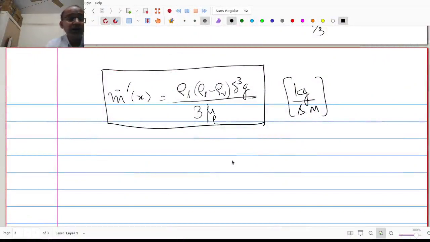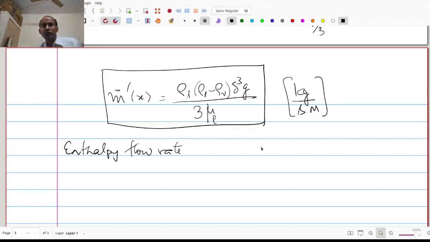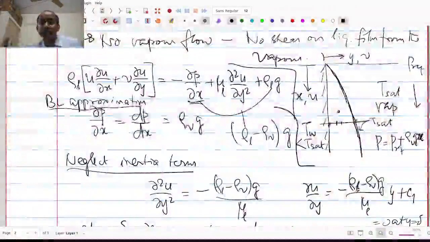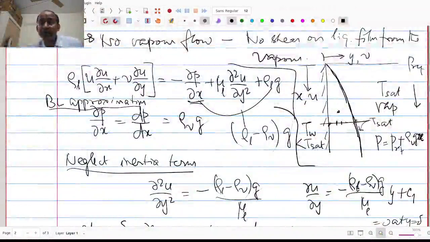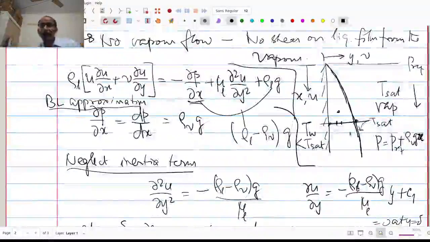Similarly, the enthalpy flow rate. This mass flow that goes through this film carries a certain amount of enthalpy. So there is a certain m dot at every section, and there is a certain H dot, if I call it capital H, which is the total enthalpy.